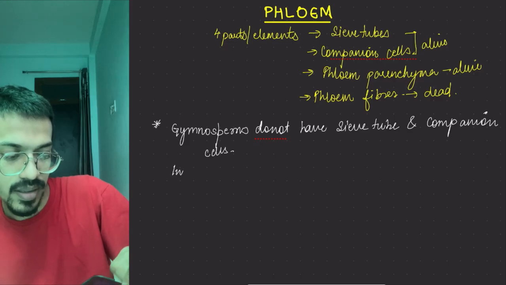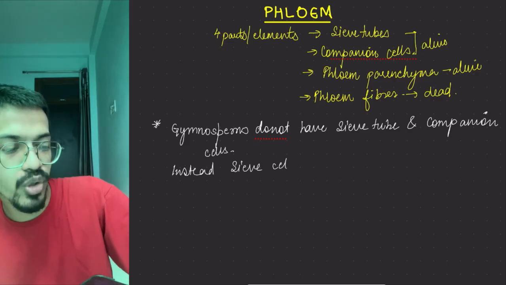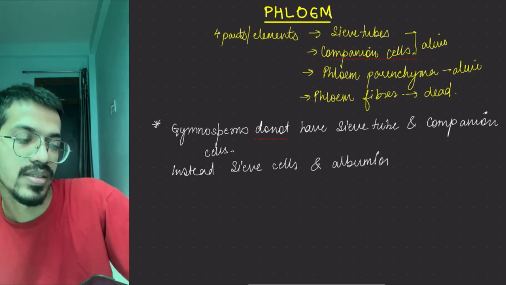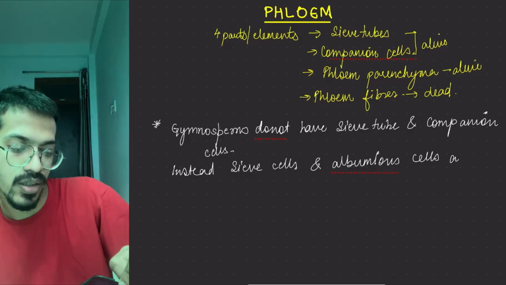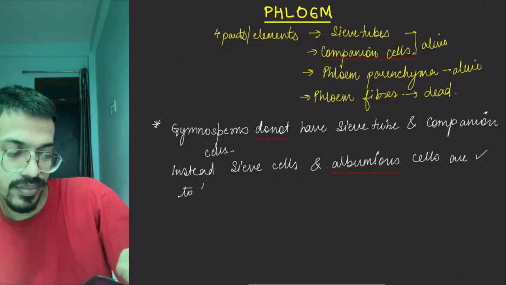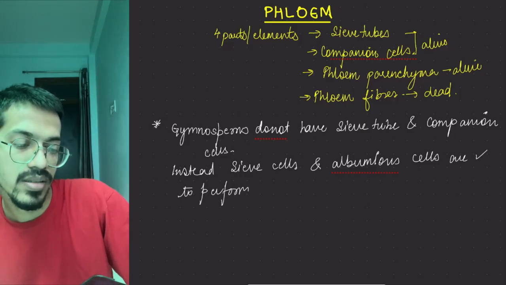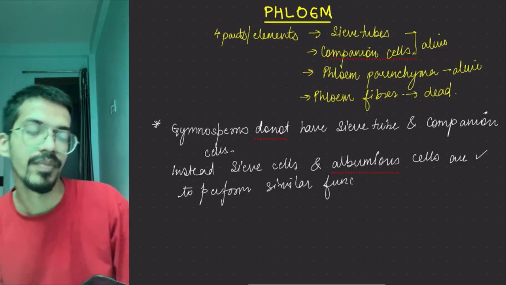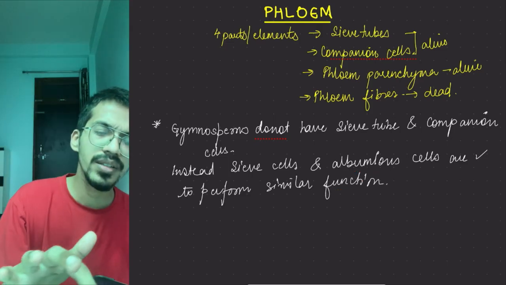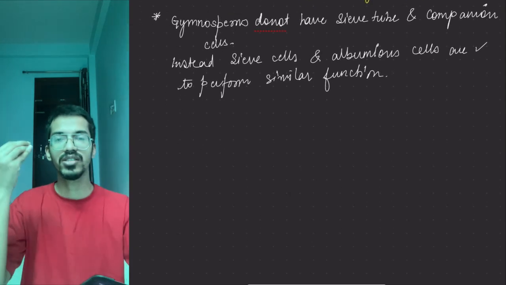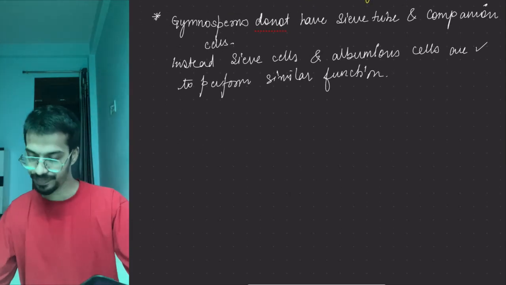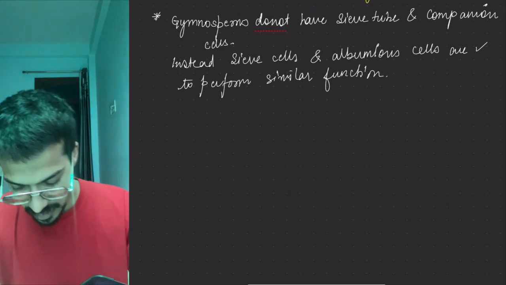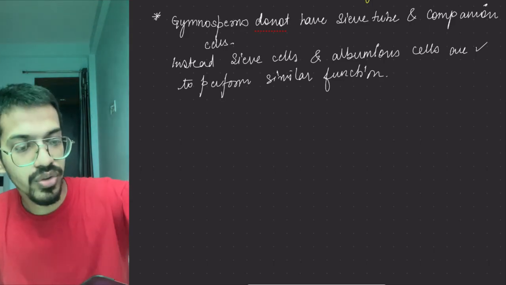Instead, sieve cells and albuminous cells are present to perform similar functions. So sieve tubes and companion cells become characteristic of the others.